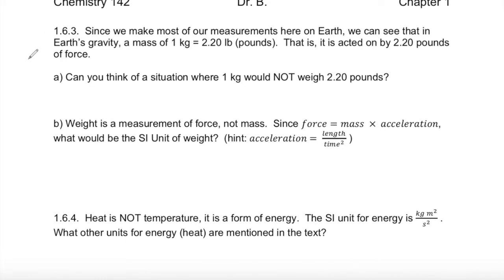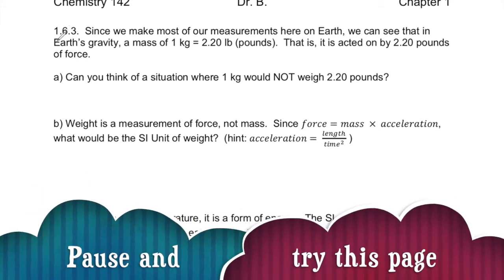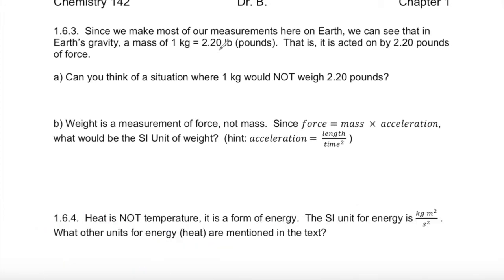The LibreText points out that weight and mass are actually a little bit different. Mass is something inherent in a substance. So a particular particle would have a mass no matter where it's located. That particle could be weightless in outer space because the weight is dependent on the gravitational force that that piece of mass is experiencing.